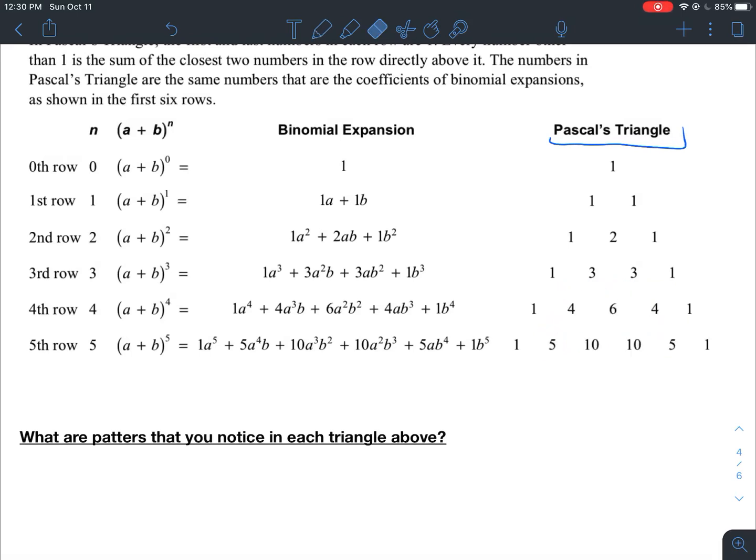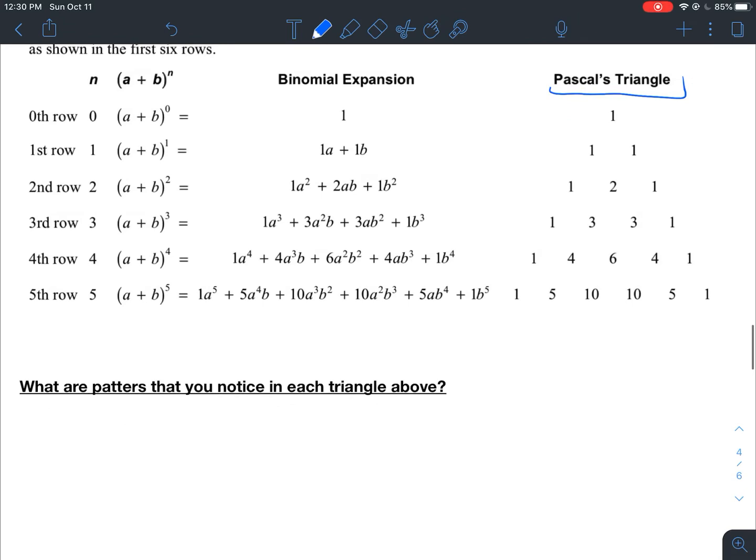So if we wanted to continue this pattern right here, this would be 1, and then we would have this number right here, which would be the sum of 1 and 5, which would be 6, 5 and 10, which would be 15, 10 and 10, which would be 20, 15, 6, and then 1.